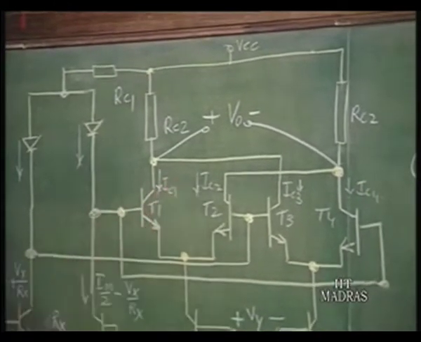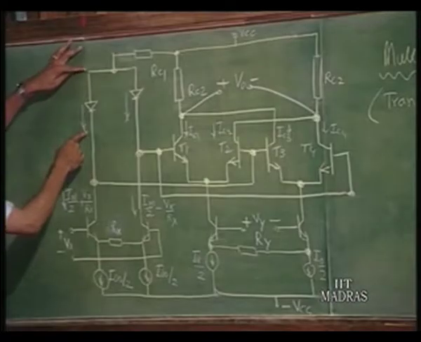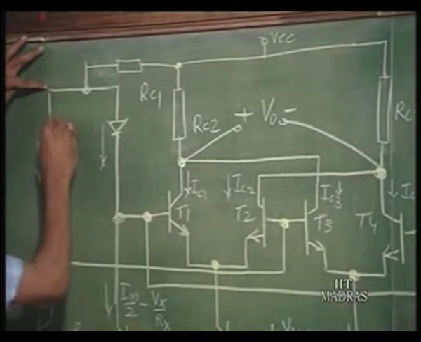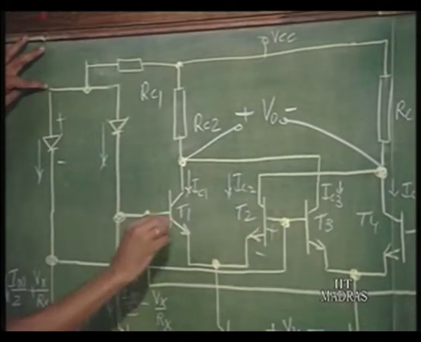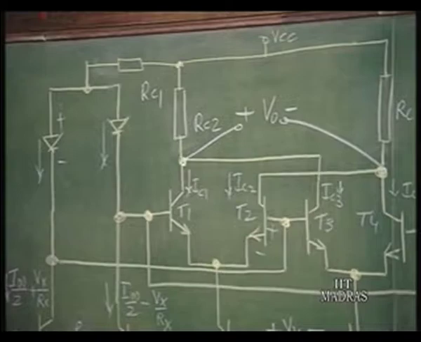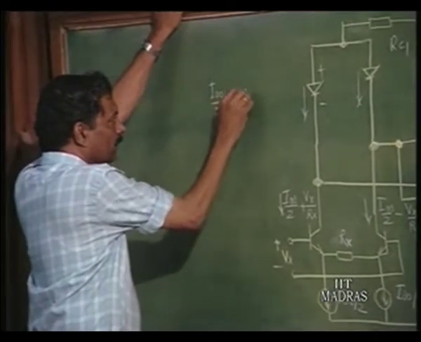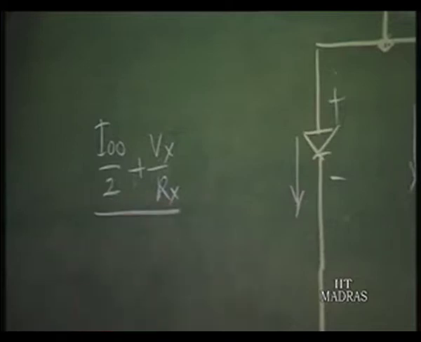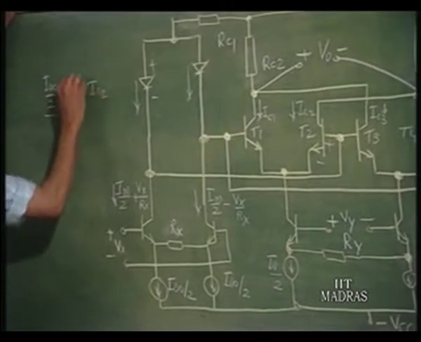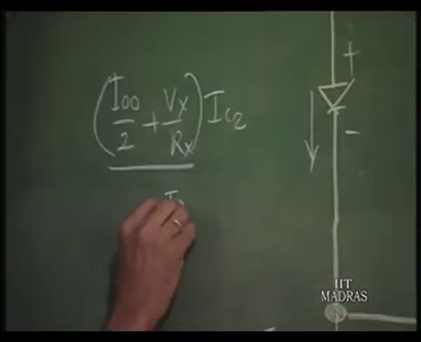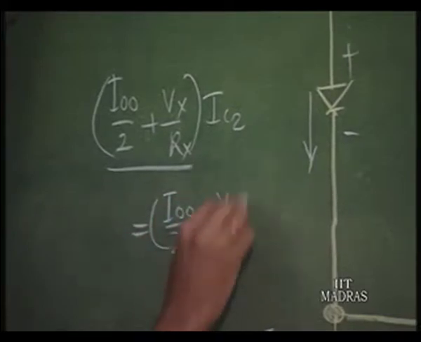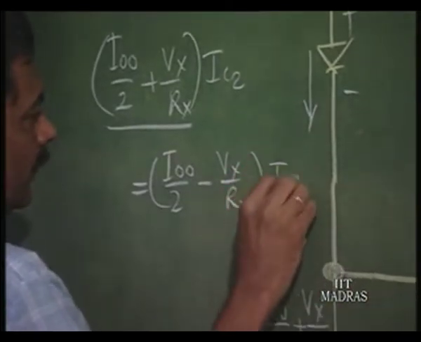These currents were related in the following fashion: this current into this current, because in the clockwise direction and anti-clockwise direction, the current products should be equated. This current, which is I naught naught by 2 plus Vx by Rx, into IC2 was equal to I naught naught by 2 minus Vx by Rx into IC1.